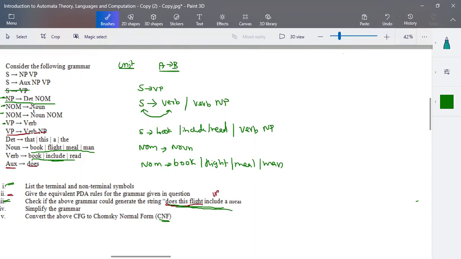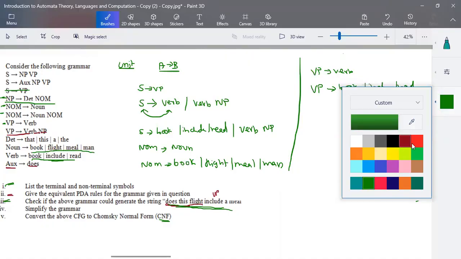So this unit production is removed, and you have VP tends to verb. That also you have to replace. VP tends to verb is a variable tends to variable, so you have to replace this verb with its production rule, that is book slash include slash read.